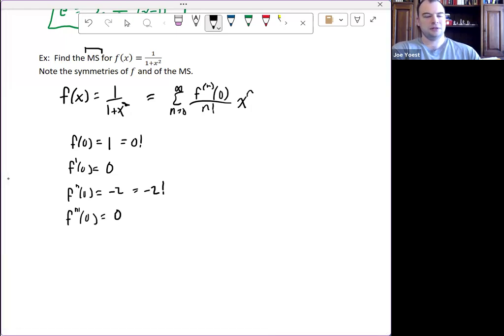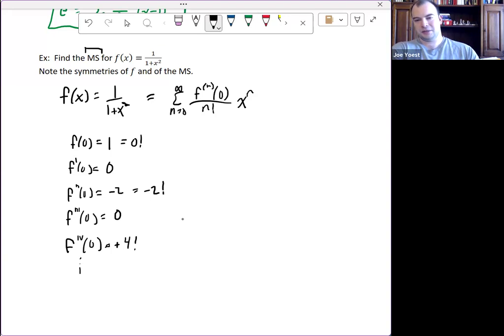The third derivative is 0. Turns out that way. The fourth derivative at 0 is, after quite a bit of hassle, positive, I think it should be 3 factorial or 4 factorial, right? Yeah, positive 4 factorial, and so on.